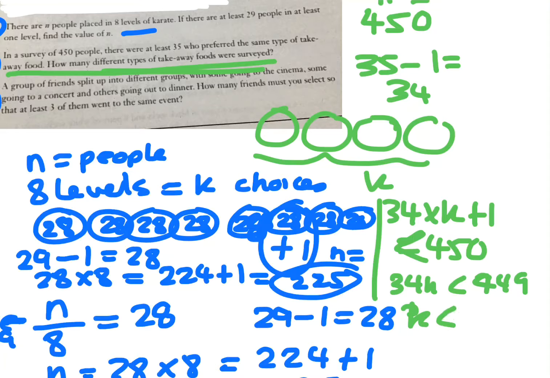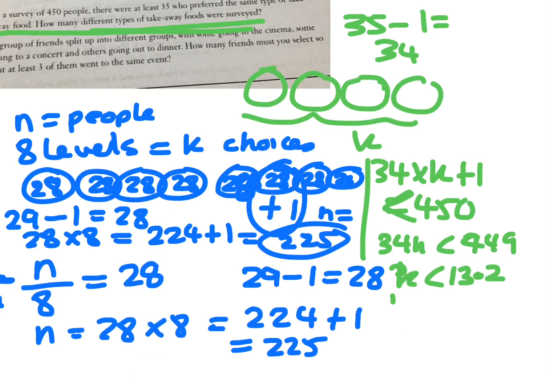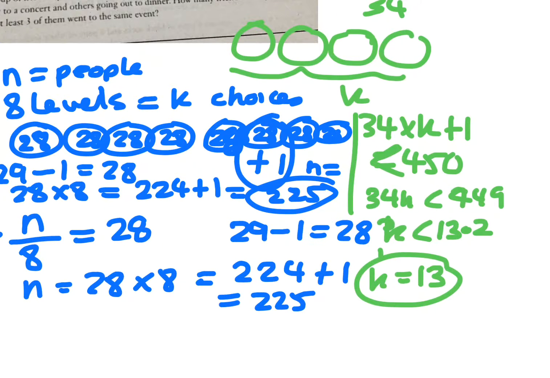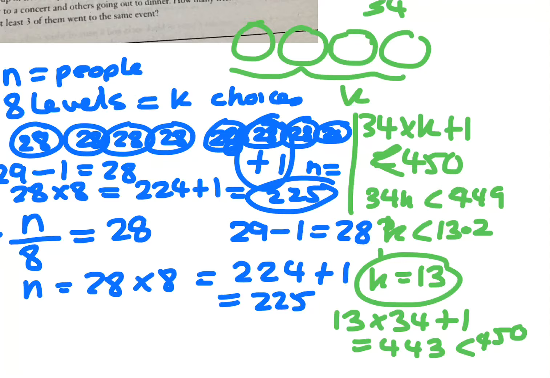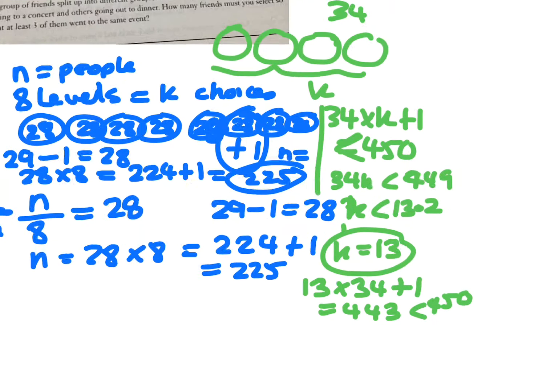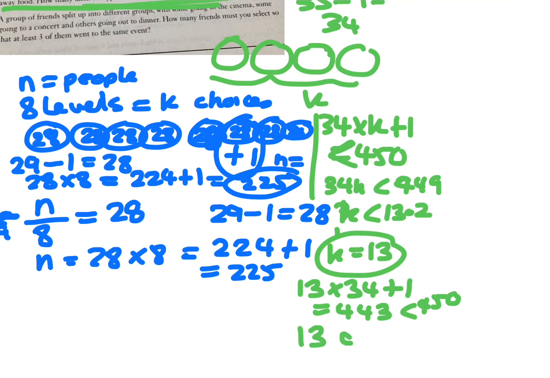So k would have to be less than 449 divided by 34, which is 13.2. So if I had k equals 13, because that's the first one less than that, 13 times 34 plus 1 will equal 443, which is less than 450. So the number of choices would have to be 13.